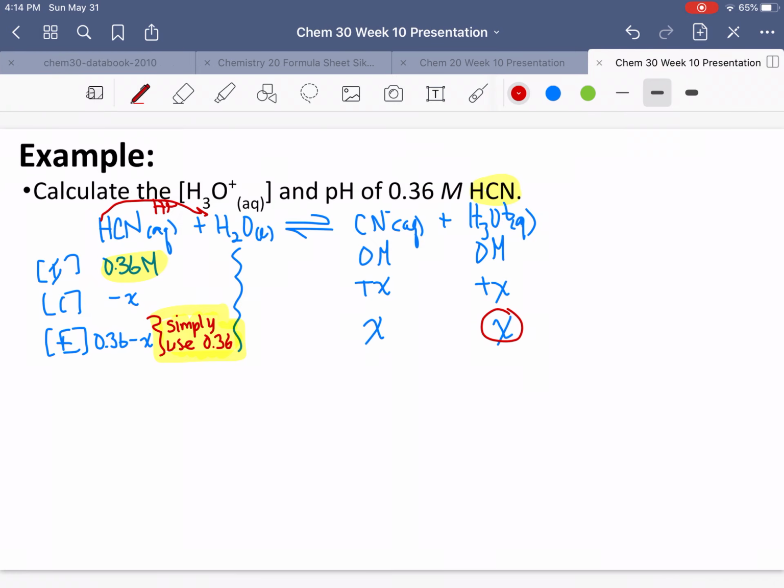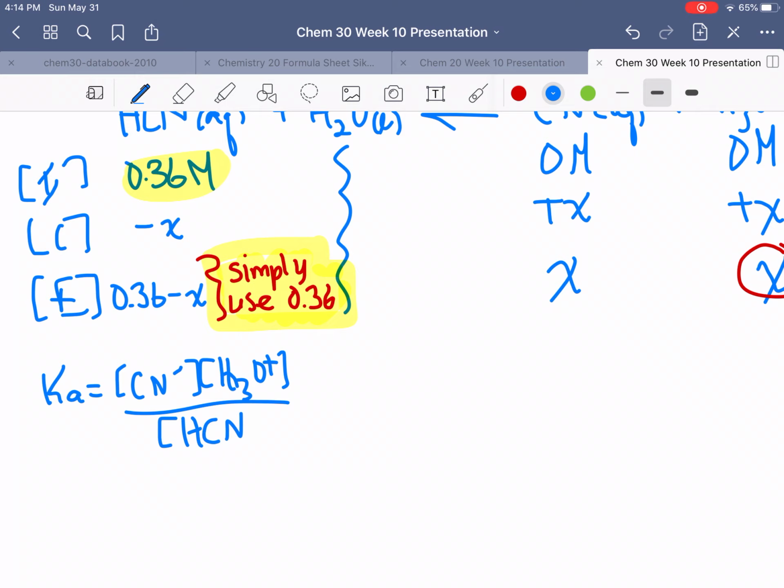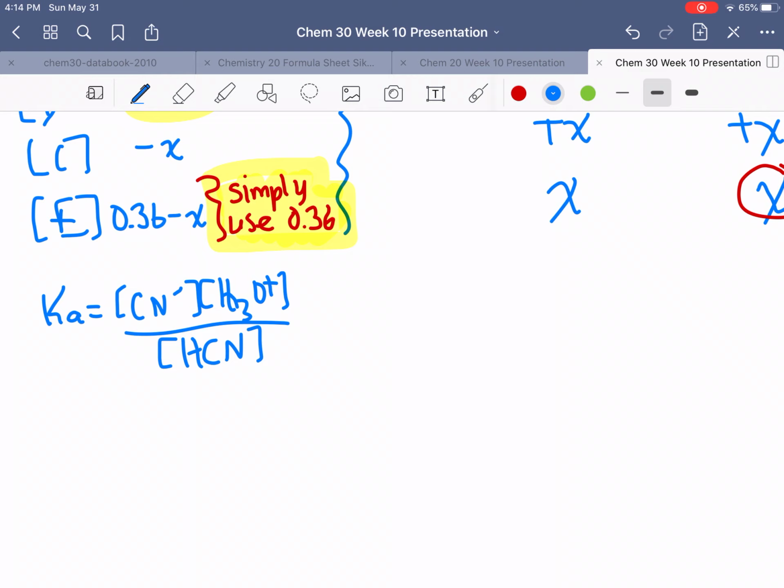So let's do that. But first, create your equilibrium law. In other words, Ka is equal to the concentration of the CN negative times the concentration of the hydronium divided by the concentration of the HCN. There it is. Plug in what you know. For these, honestly, plug in first before I rearrange.